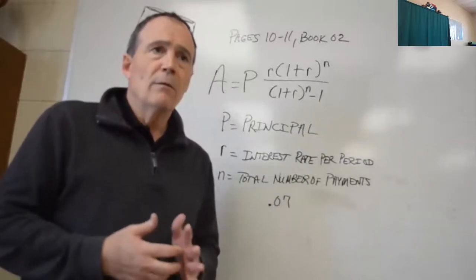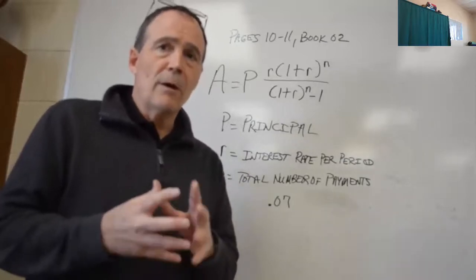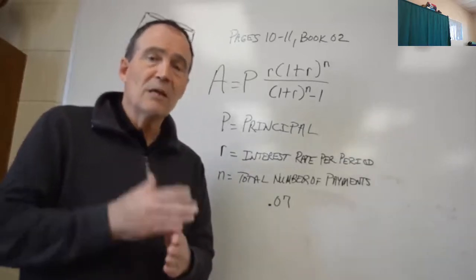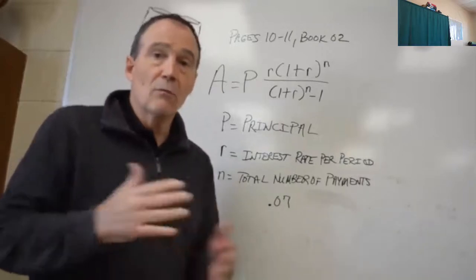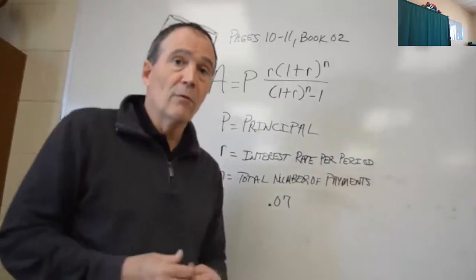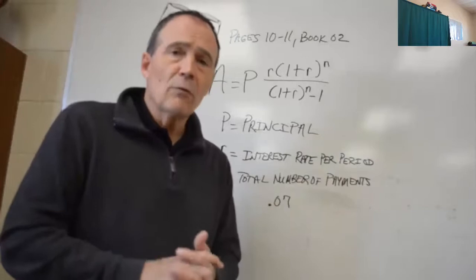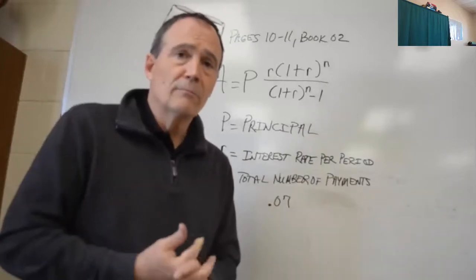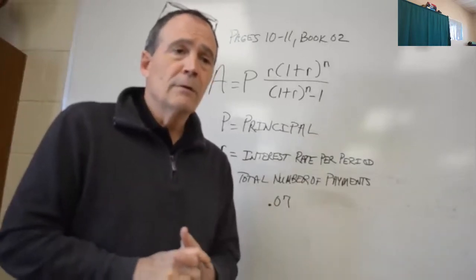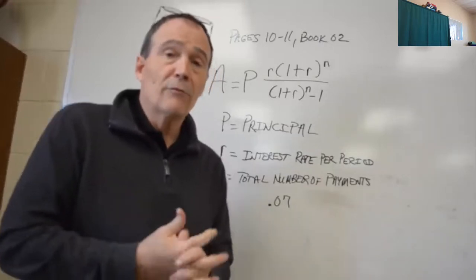But what the formula allows us to do is to come up with the same number every month, because we like that, since we can plan around how much we owe on the bills that we have to pay every month. We're going to pay X amount on the car, or whatever it is we borrowed money for, our house, and so forth.